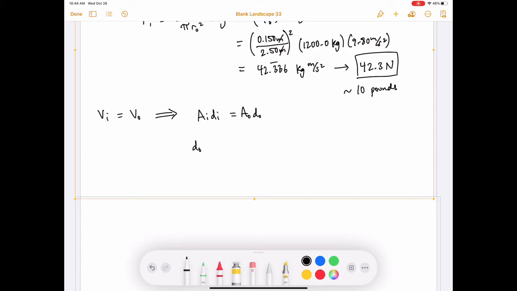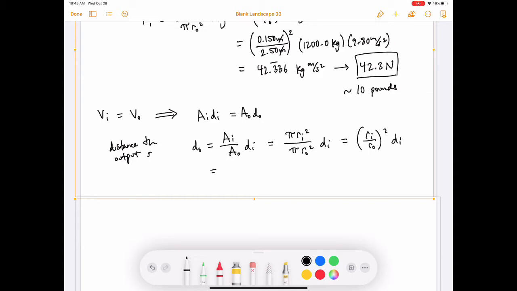So if we solve for Do, we get Ai over Ao times Di, which means we have pi times Ri squared divided by pi times Ro squared times Di. Again, cancel the pi's. We have Ri over Ro, squared, times Di. So if I calculate that, I'll get the distance that the output piston moves.